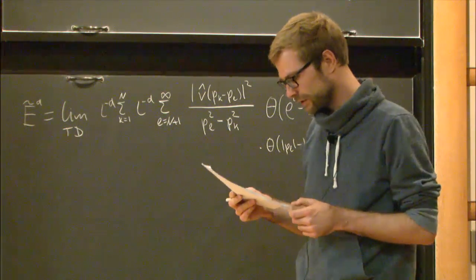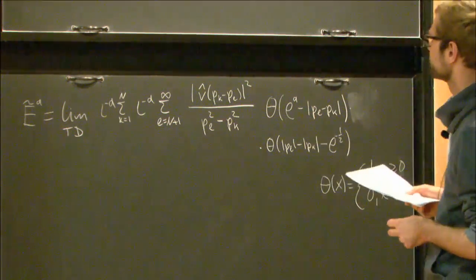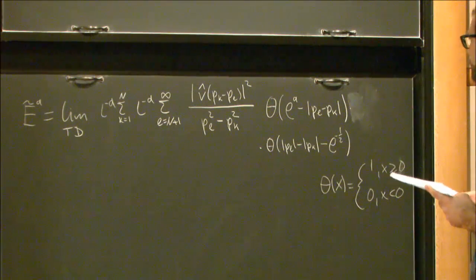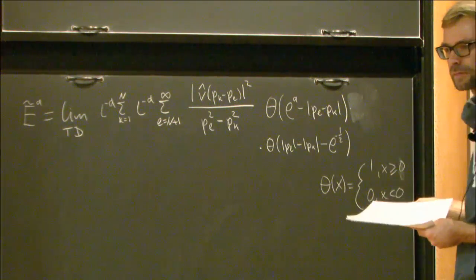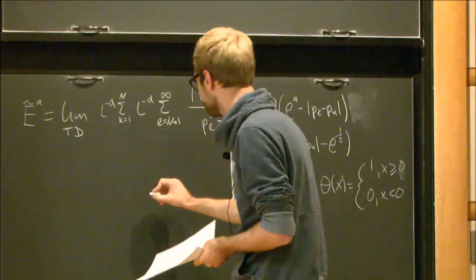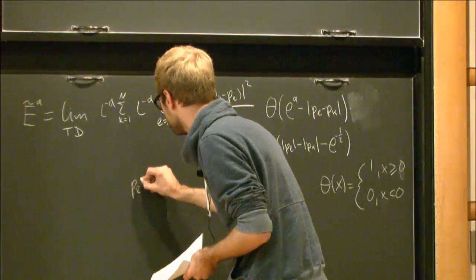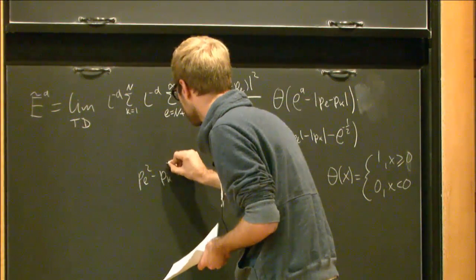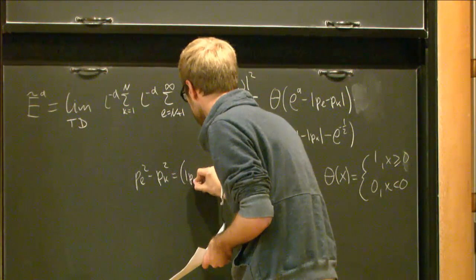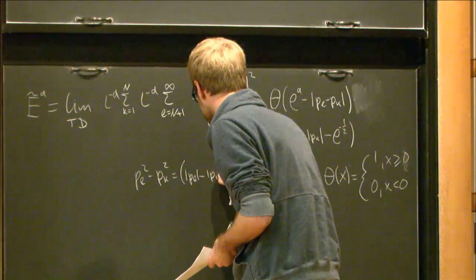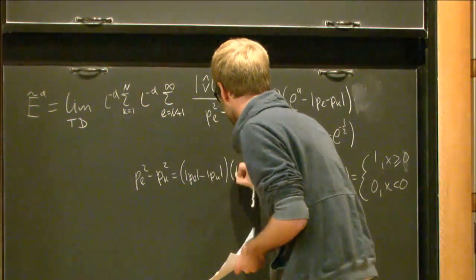It should be small in one dimension, you said, right? It's small in one dimension. Why is that? So this difference here, pl square minus pk square, is basically pl minus pk times pl plus pk.